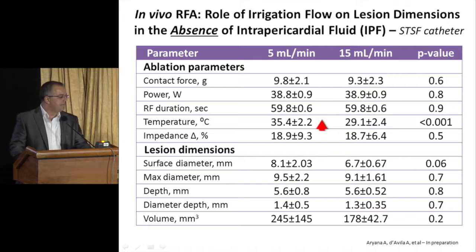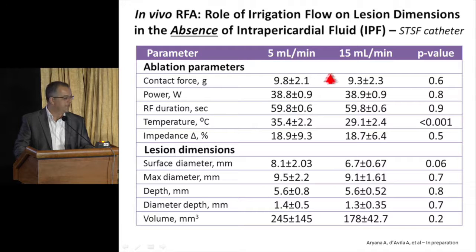When I try to analyze if the ablation is different when I have absence or presence of fluid inside the pericardial space, as you can see here, if there is no fluid in the pericardial space, lesions are going to be very similar regardless of the infusion rate.